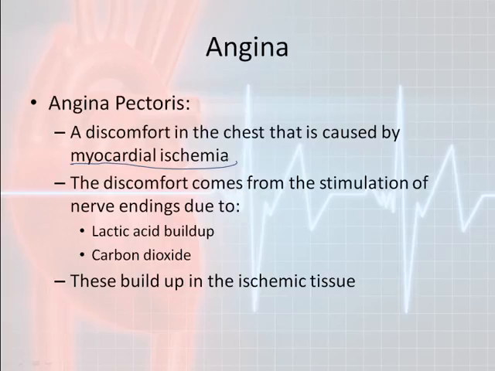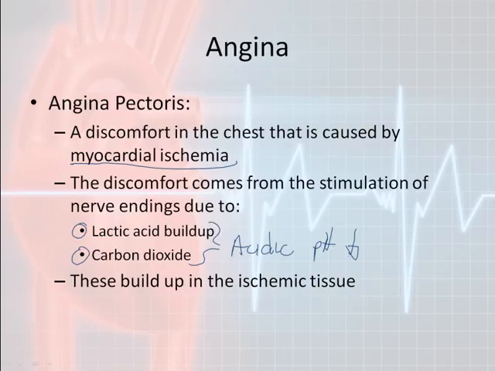What happens is the discomfort comes from stimulation of nerves that are due to carbon dioxide and lactic acid buildup. When you have this process occur, the immediate area that is being affected becomes acidic, or the pH drops.